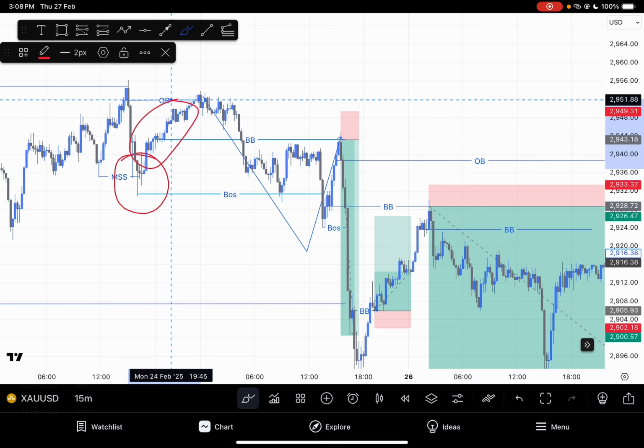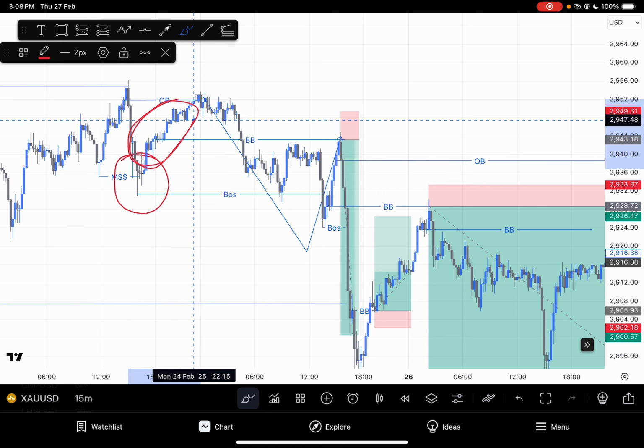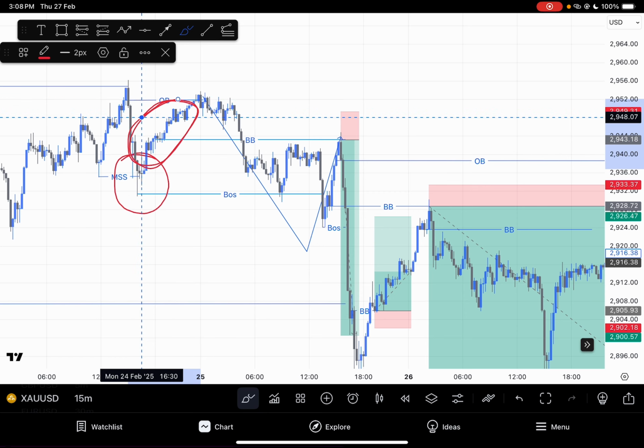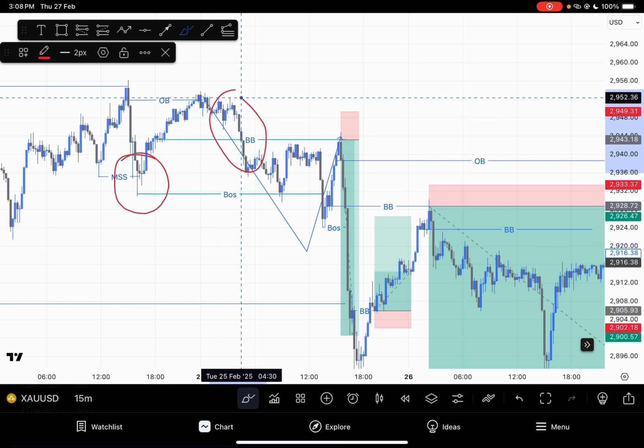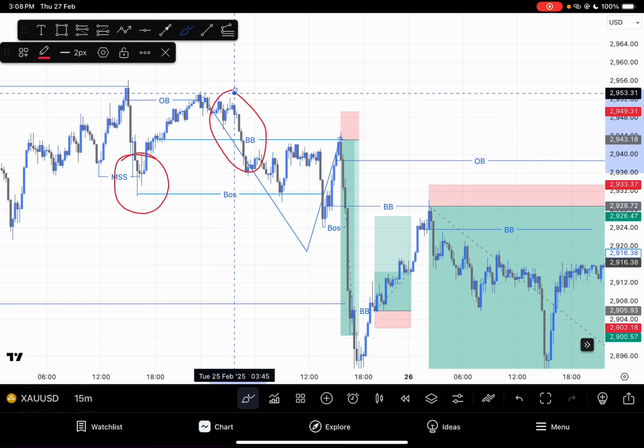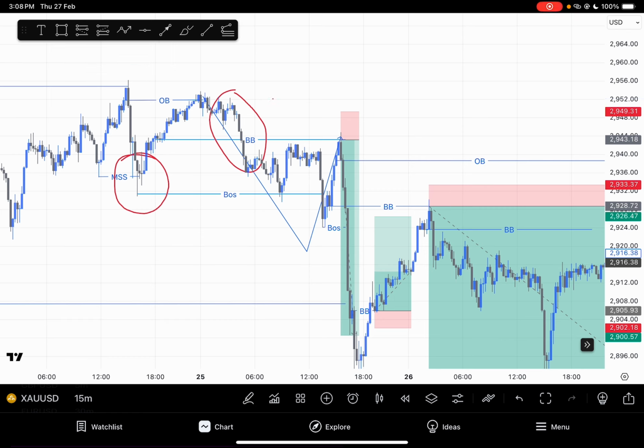If that's for a downtrend, it must always be on the left side. If you see the order block or the breaker block on the right side, just know there's a high chance for price to break above the order block or breaker block. That's what you should always know when using order blocks and breaker blocks.